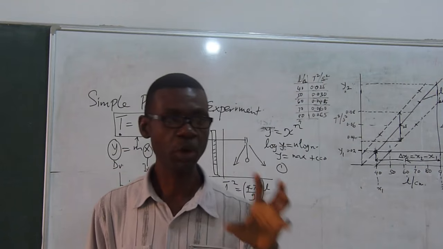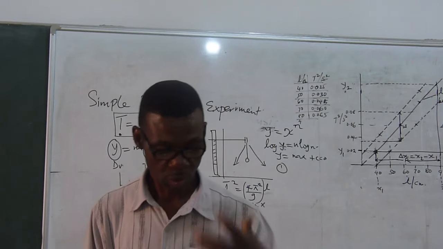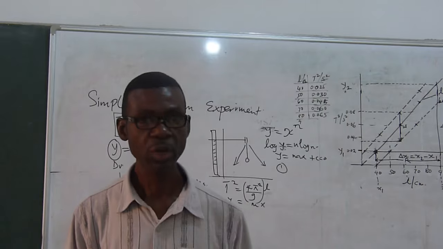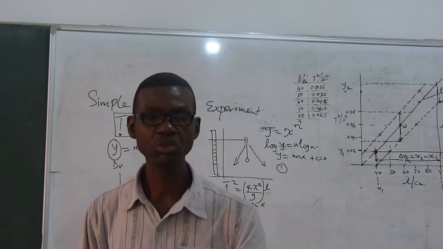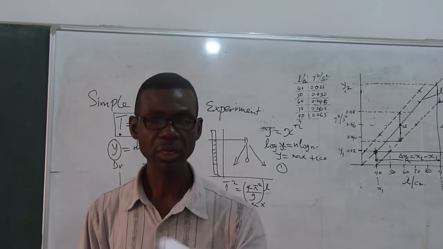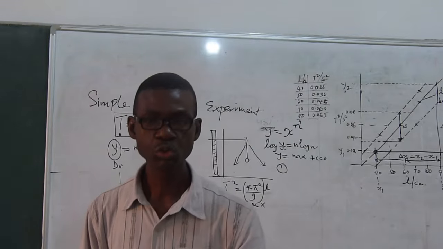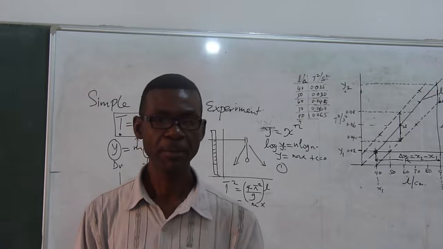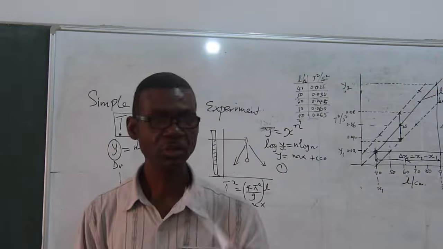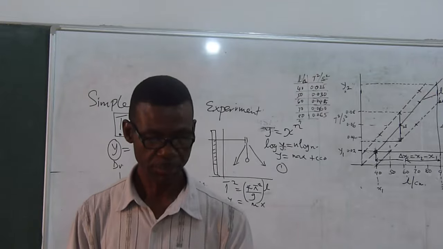The combination of the apparatus will help you to achieve that aim, and then you take measurements. In physics, after you have been able to set your apparatus correctly, most of the other things you do is to take measurements, like measurement of length, measurement of time, measurement of weight and masses, etc.